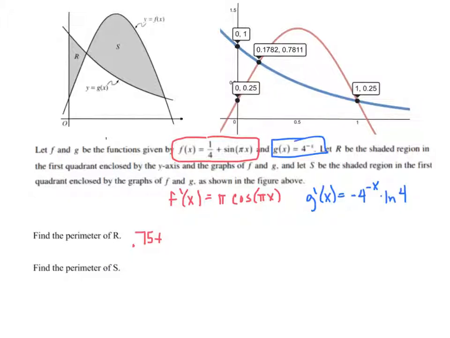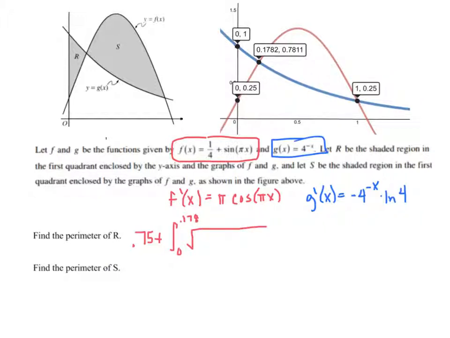The next side, let's maybe go here, we're going to integrate from x equals 0 to x equals 0.178. The square root.